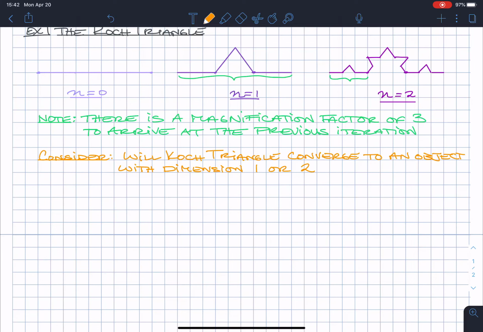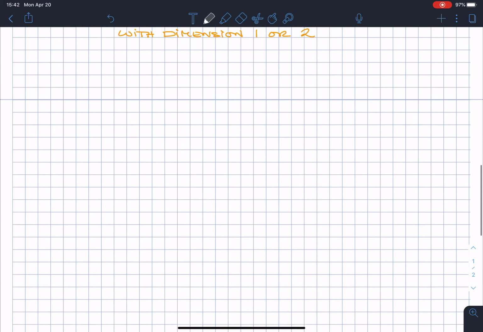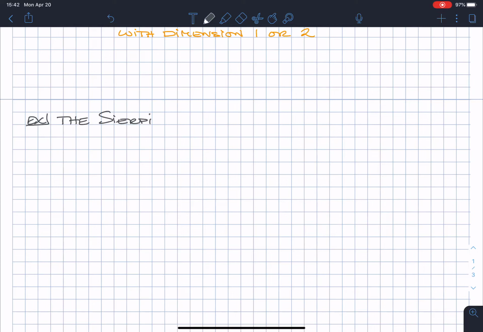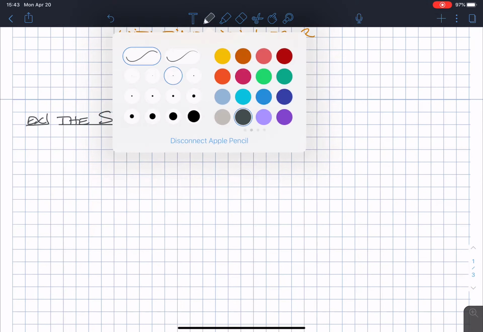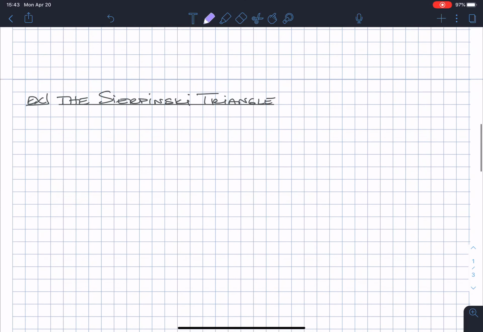So another famous fractal is called the Sierpinski triangle. So for example, the Sierpinski triangle. Okay, so the given object is an equilateral triangle. So let me first try and draw that. It's always the hardest part.